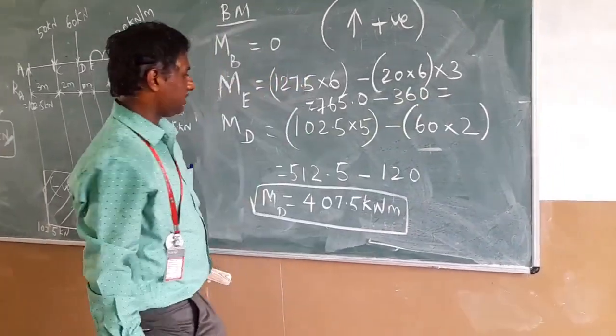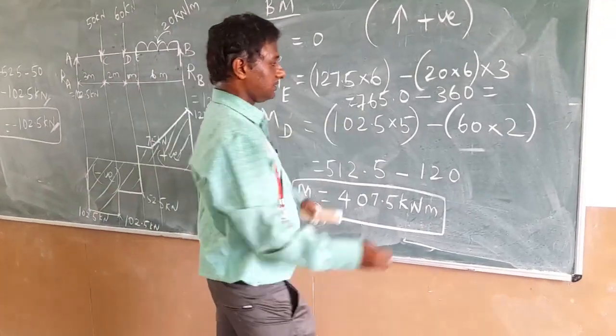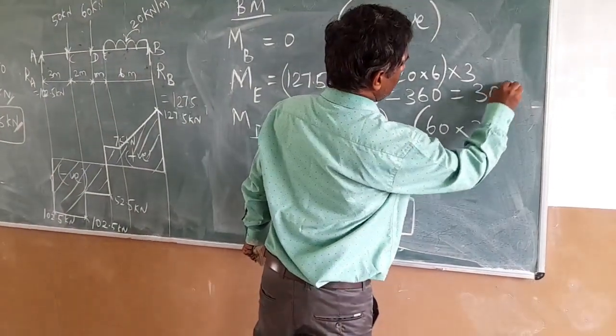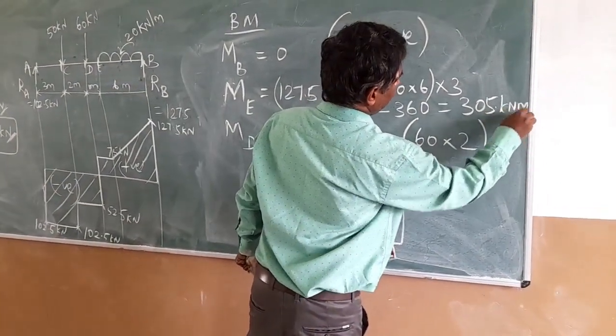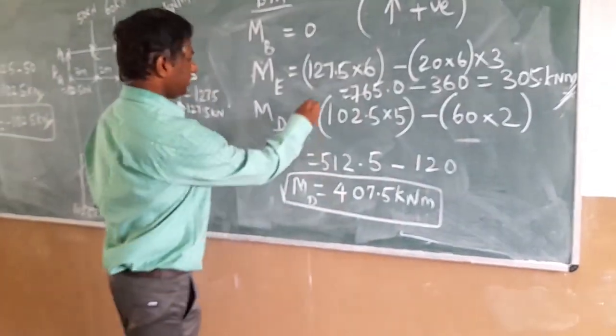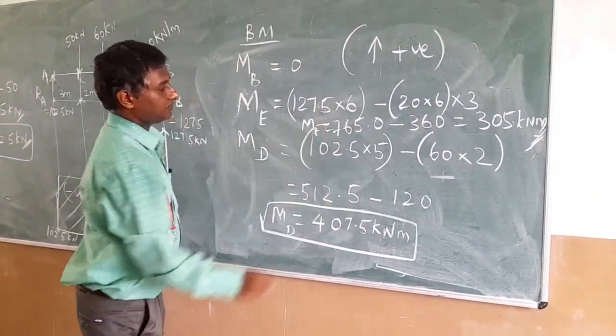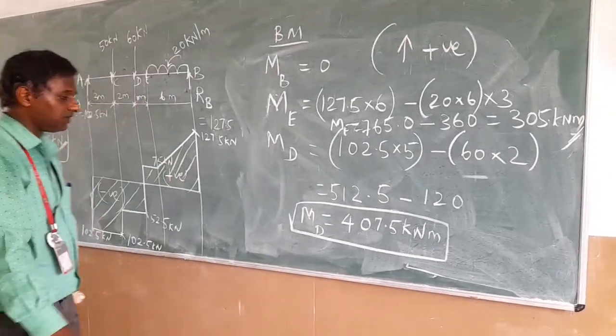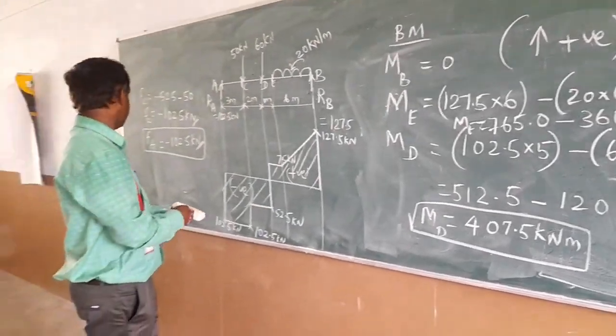So what is the remaining value? It is simply 405 kilonewton meter. So this is the M at E point. 305, M at D equal to 407.5 kilonewton meter.